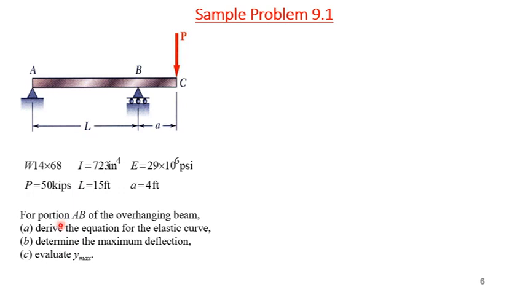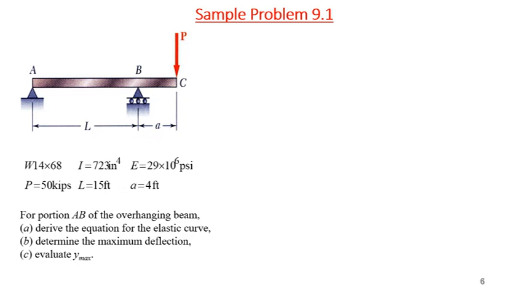Cross section is given, that is W14 by 68, and the section properties are from the AISC. I will be 723 inch to the power 4, P load is given 50 kip, and the length of the beam is 15 feet L, and this a is 4 feet, so total length is 19 feet.